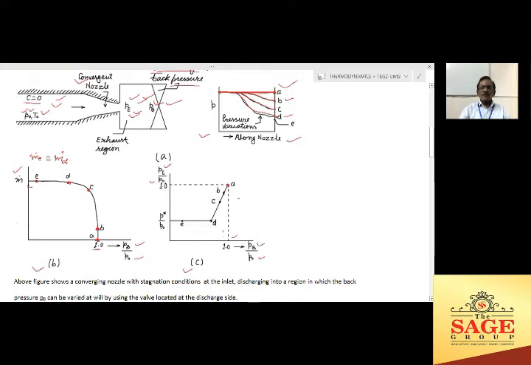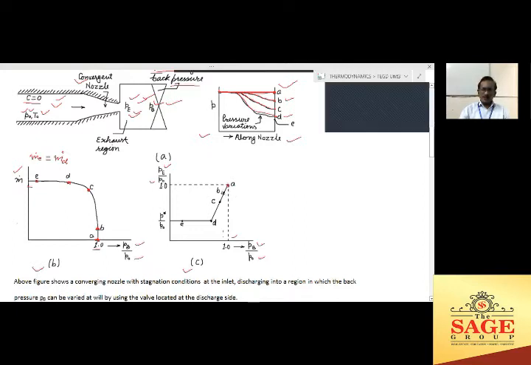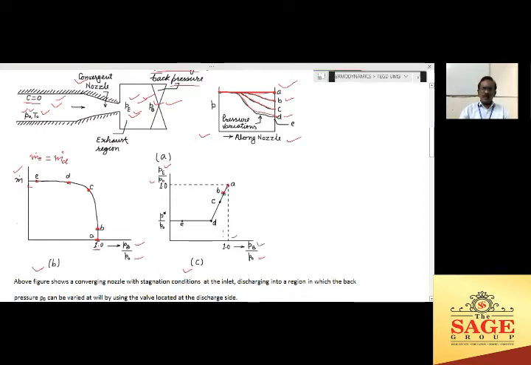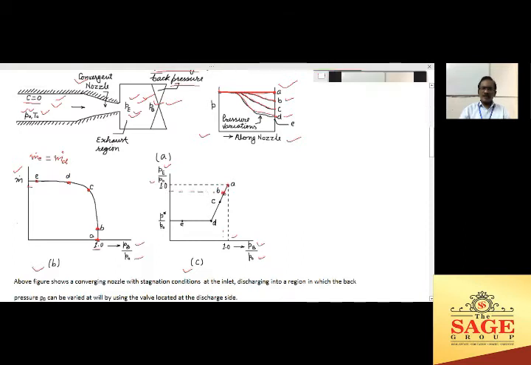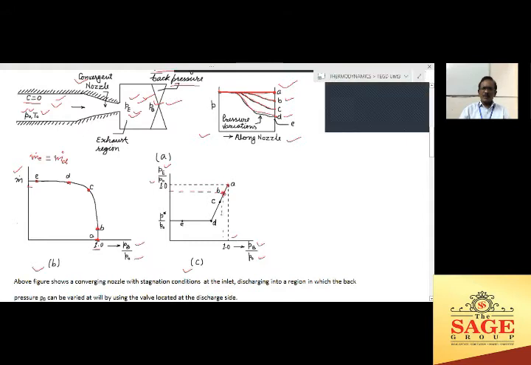Now, when we decrease the back pressure, the axial pressure will definitely decrease. So come to this point B. At point B, the value of the back pressure has slightly decreased, and the axial pressure has also decreased.